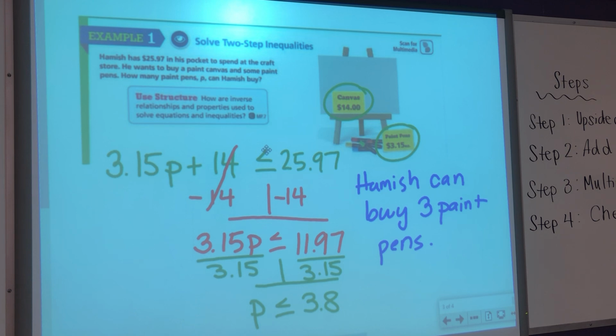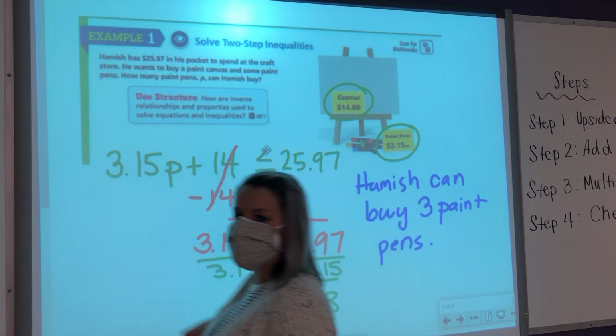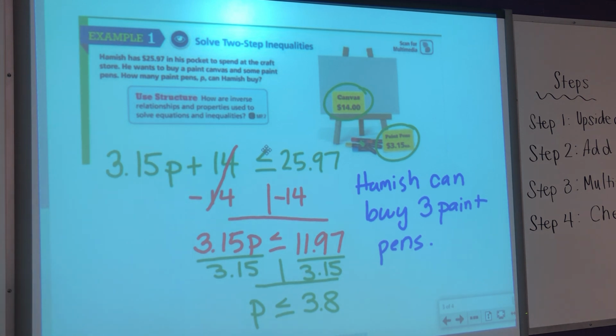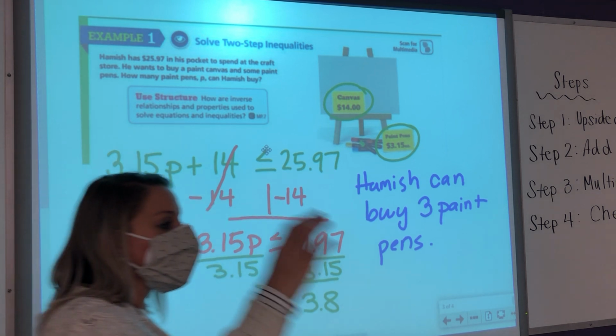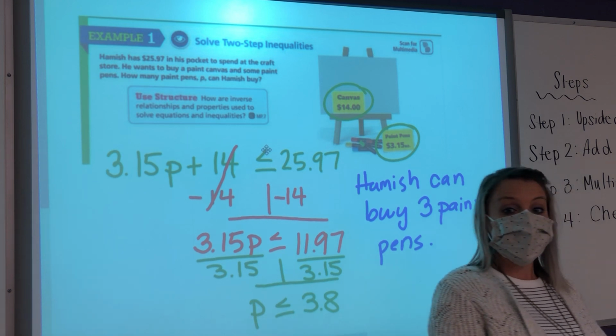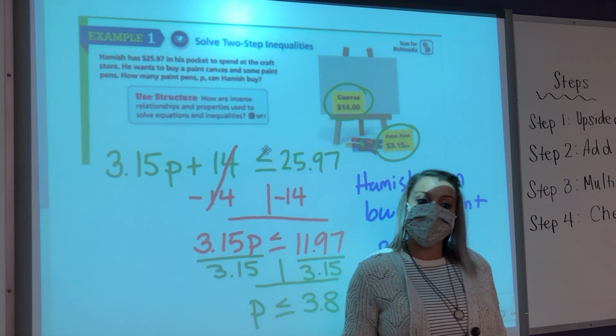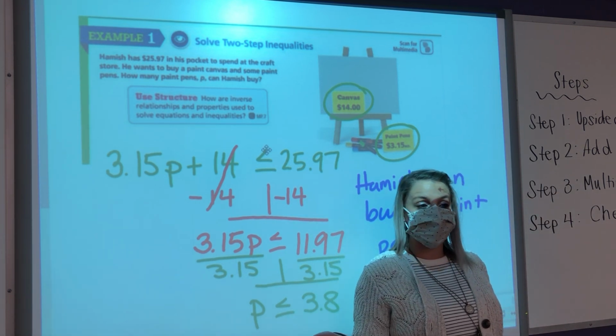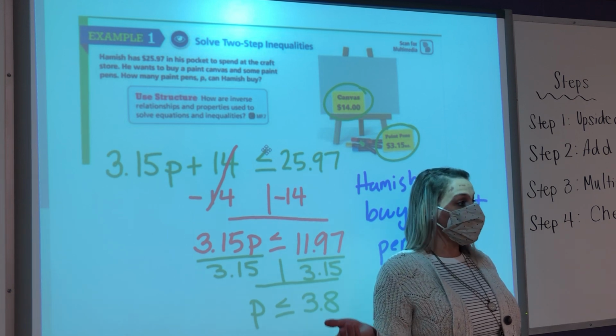Again, whenever we have a decimal, especially if it's a less than, and when we're talking about purchasing an item, can we buy 8/10 of a paint pen? No. But if I go to the grocery store, can I buy 8/10 of a pound of something? Yes.